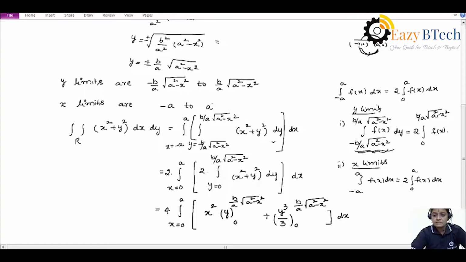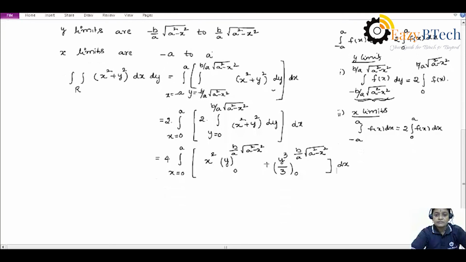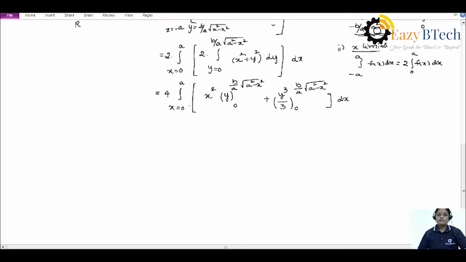The next step is substituting the corresponding y limits here. Okay, now I am doing the substitution. 4 into integral x is equal to 0 to a, x square. Upper limit only, students. That means b by a root of a square minus x square, plus 1 by 3 as a common factor.